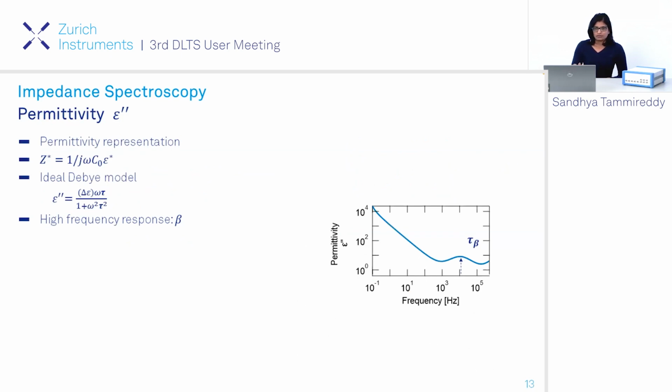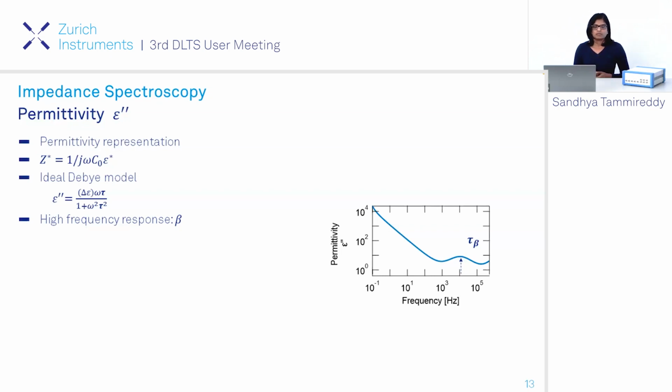So I have shown you on the right side the representation in terms of permittivity as a function of frequency. On the left side, I have shown you how you can obtain the permittivity representation from the impedance spectra, where C0 represents the geometric capacitance of your device.